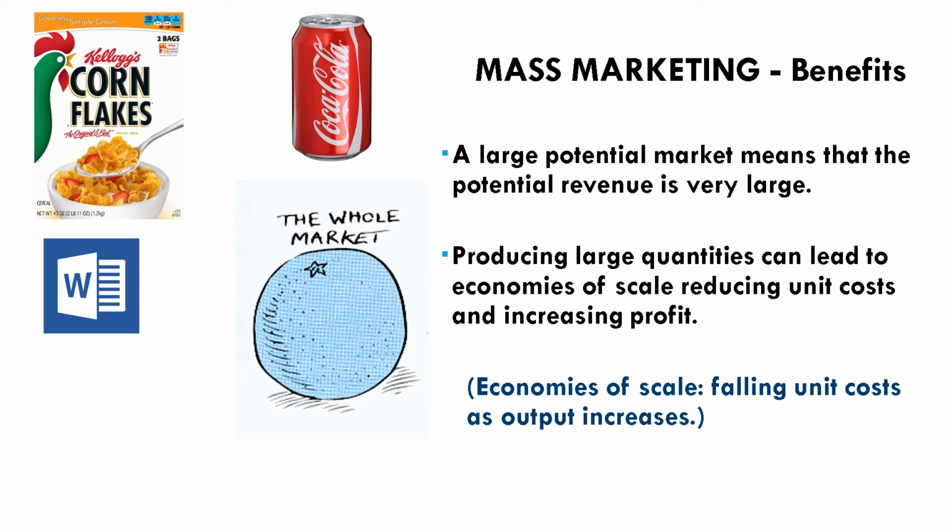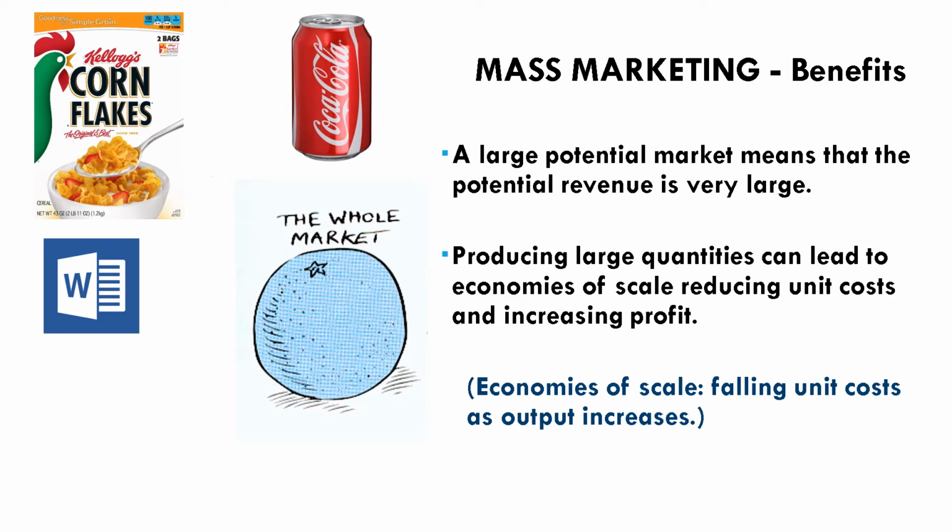In addition, producing such large quantities can lead to economies of scale. Kellogg's can buy raw materials such as corn in very large quantities, enabling them to negotiate very good prices with suppliers. And this can help them to reduce unit costs, the cost of making an individual item like a packet of Kellogg's cornflakes.